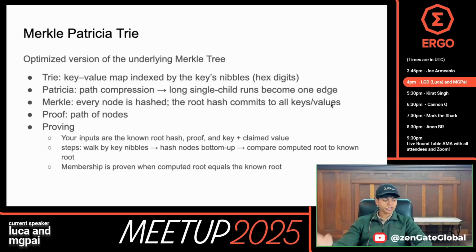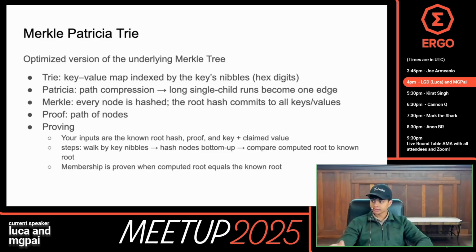Now, what we actually use for the staking is something called the Merkle Patricia Trie, and this is basically an optimized version of the Merkle tree. So a trie you can think of as a key-value map, right? Indexed by the key's nibbles.